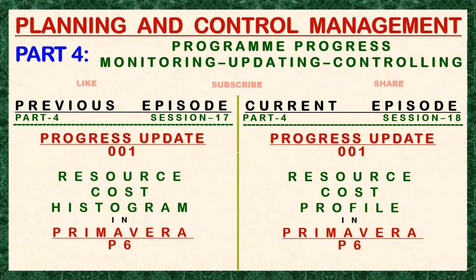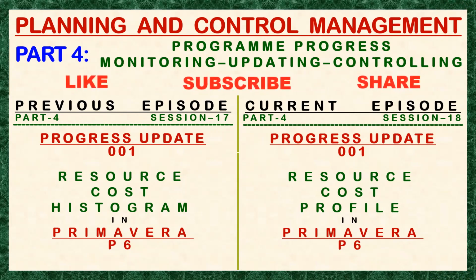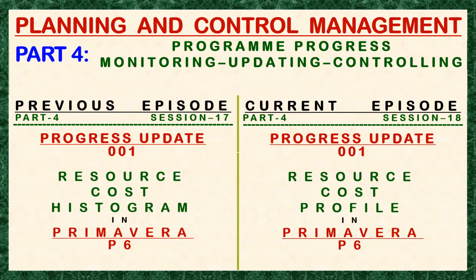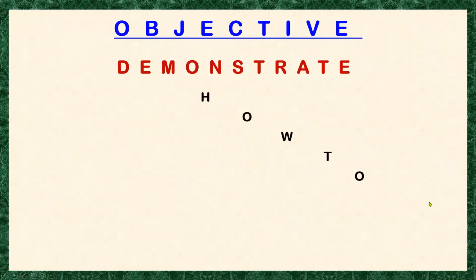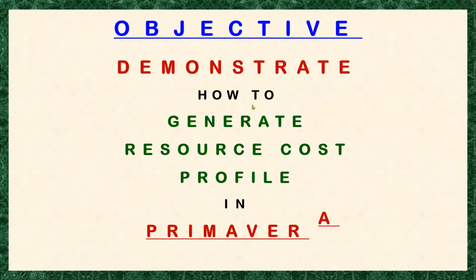Since we have completed our resource cost histogram, now we have to generate its graphical presentation. Our objective here is to demonstrate how to generate a resource cost profile in Primavera P6.